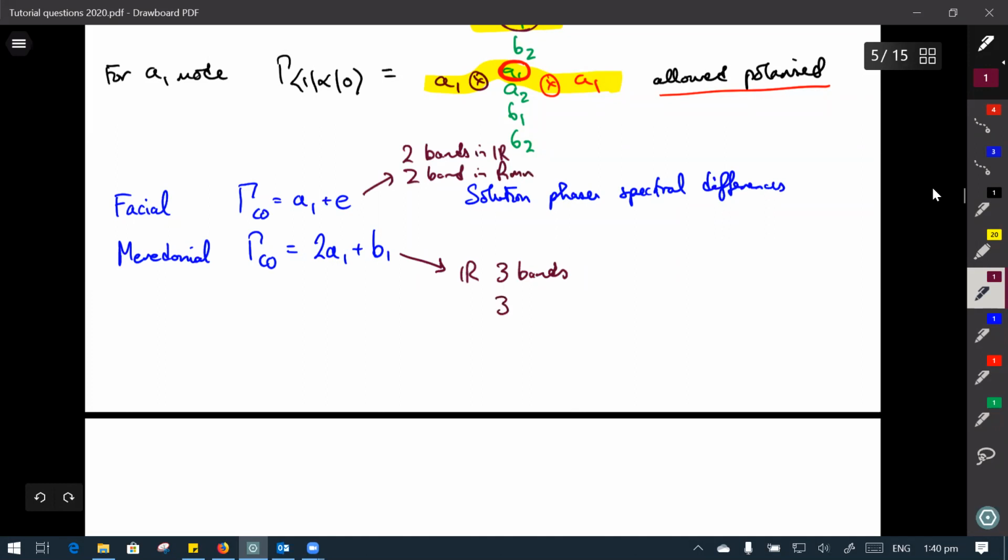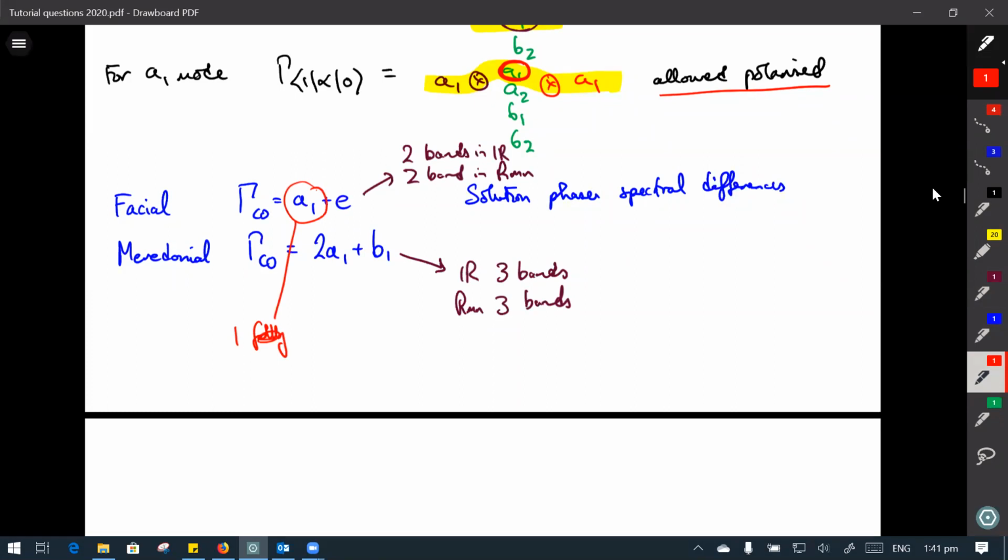This has 3 bands in the Raman. And if you really want to get cute, it's kind of a nice thing to point out, this has 1 polarized Raman band.